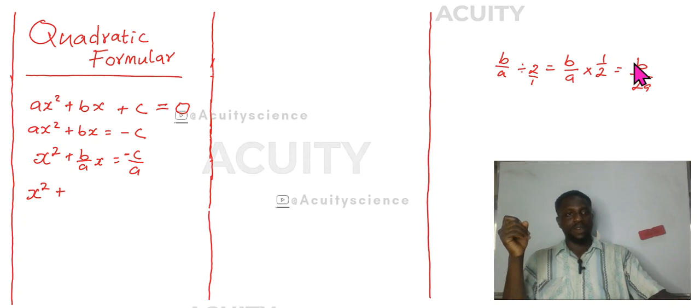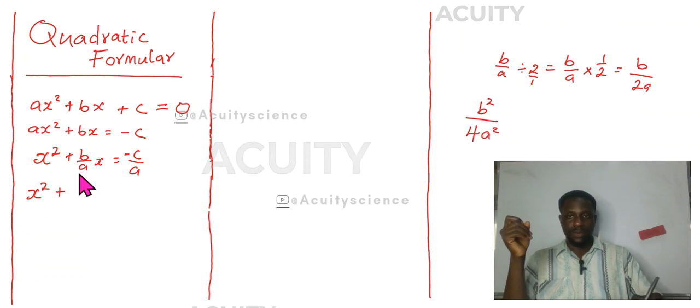Okay, now when we divide by 2, another step is that we should power it by 2. So we have b squared all over, everything here is squared. So 2 raised to the power 2, 4, and then a raised to the power 2, a squared. Okay, so for this, it will remain the way it is. So it will remain b over a x. Then we are going to add this to make this part a perfect square.